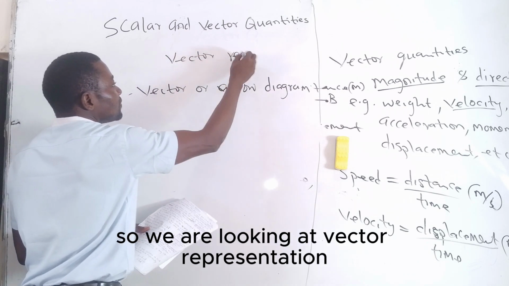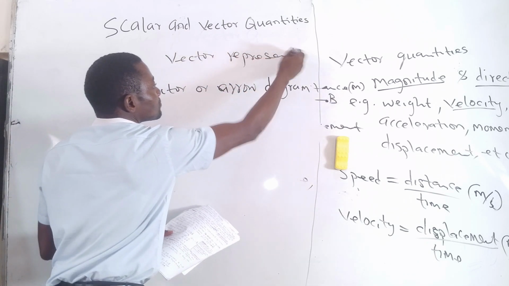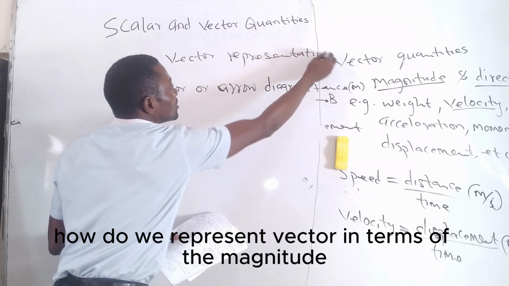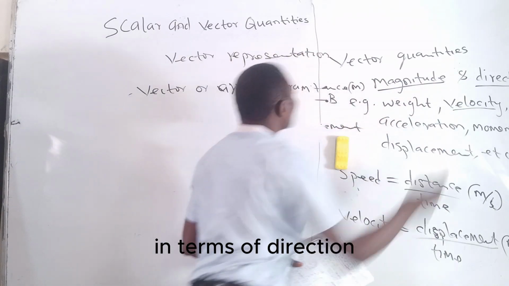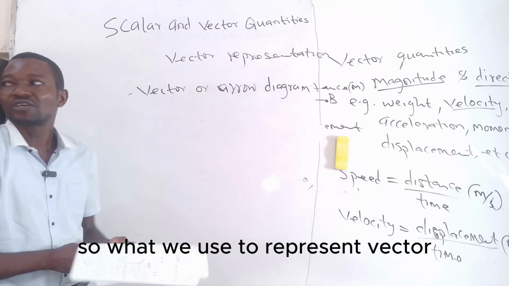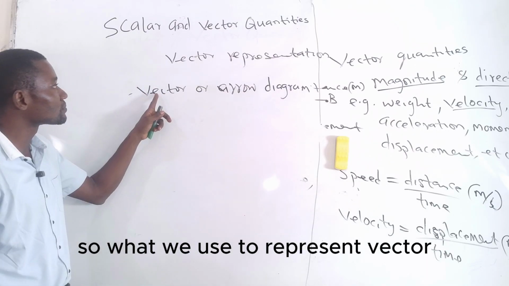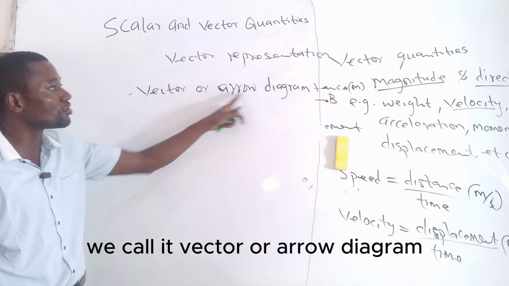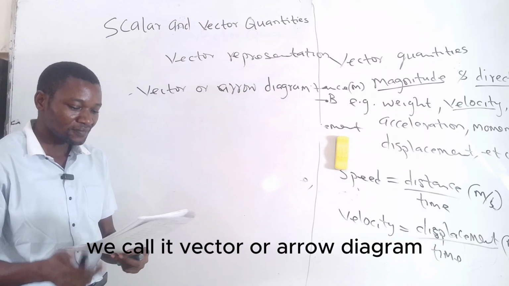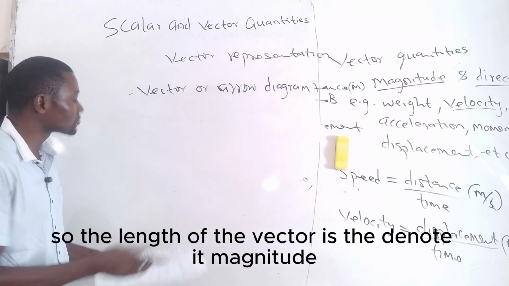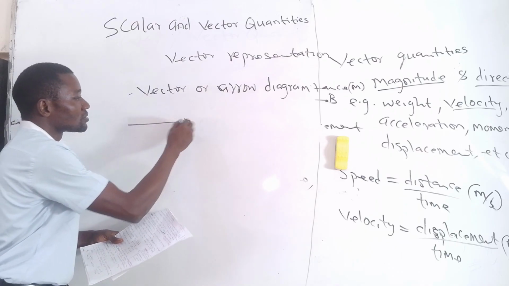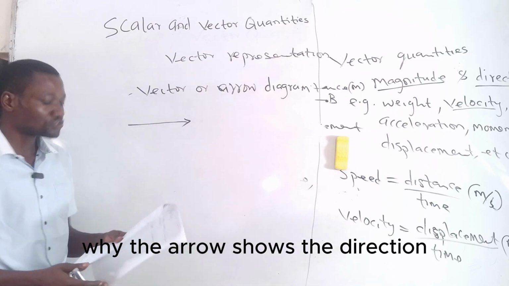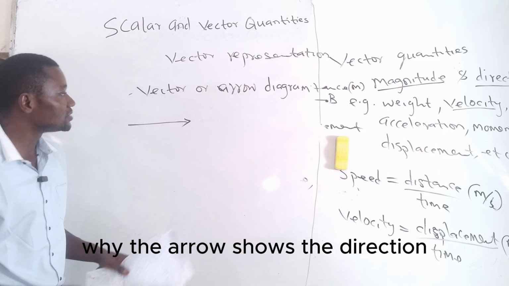How do we represent a vector in terms of the magnitude and in terms of direction? What we use to represent a vector, we call it a vector or arrow diagram. The length of the vector denotes its magnitude, while the arrow shows the direction.